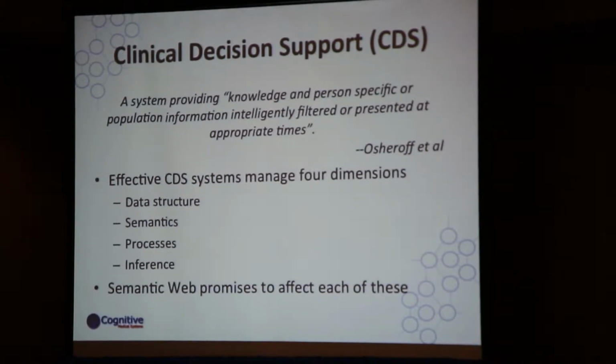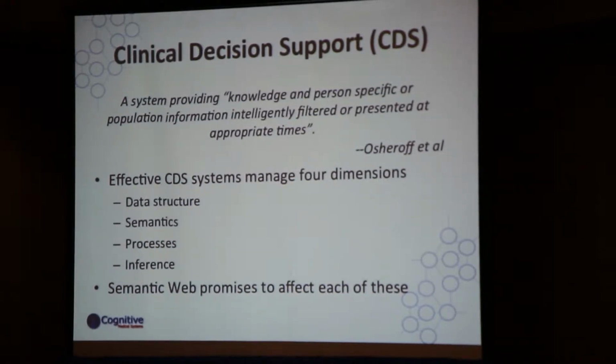How do we reason over healthcare data in ways that ultimately, according to this definition by Jerry Osheroff, provide knowledge and person-specific or population-specific information intelligently filtered and presented at the right time. So when you look at that definition, there are clearly four dimensions that definition involves.